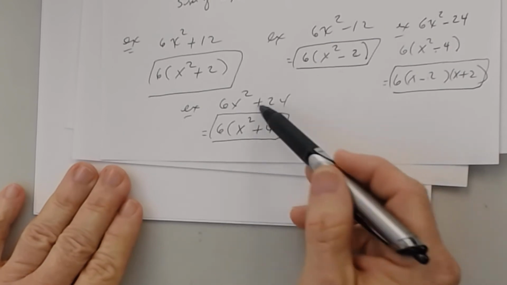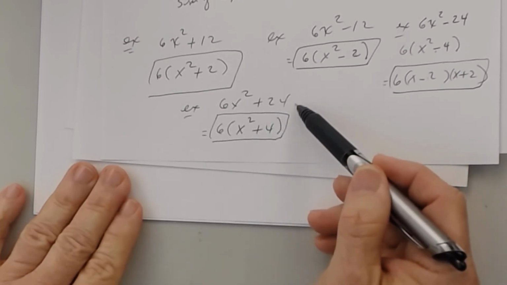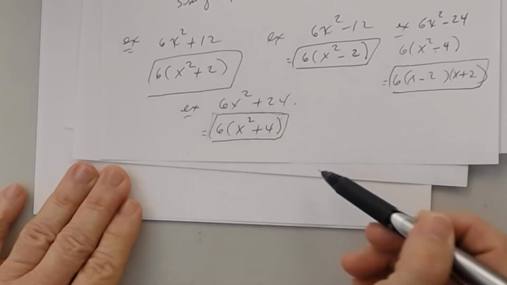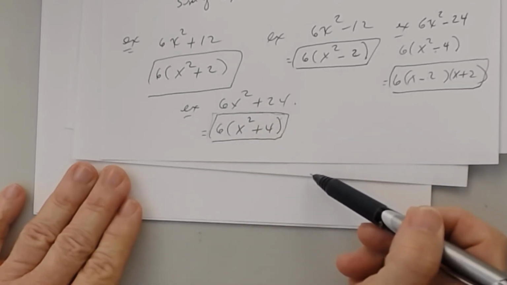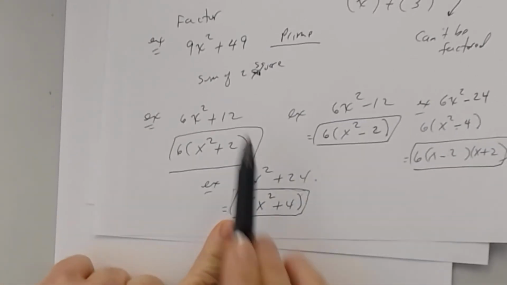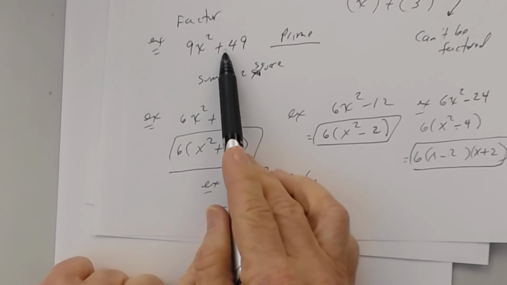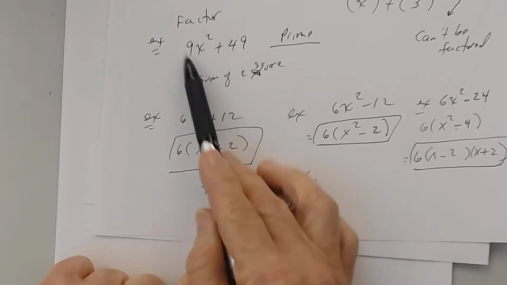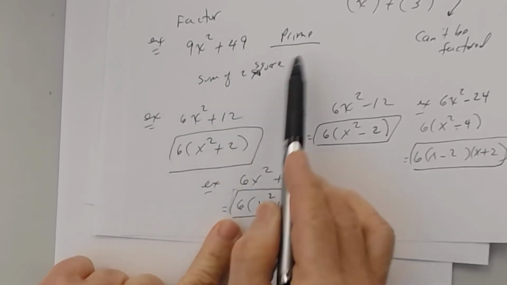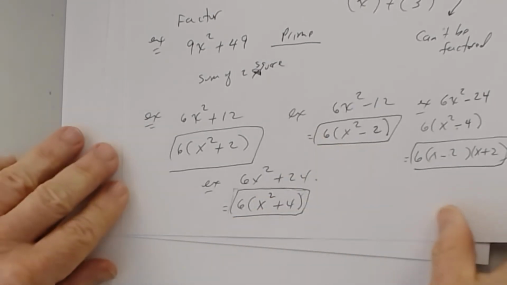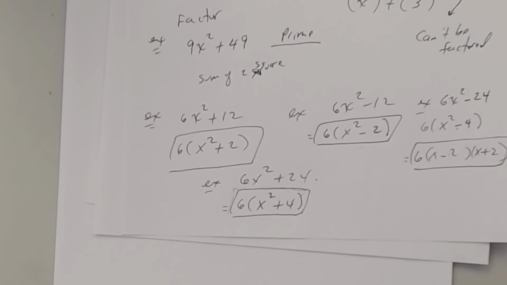GCF was 6, so this is not prime. It turns out that one of my factors is prime, but that's still my answer: 6 times x squared plus 4. Don't confuse that with this. Here the GCF was 1, so what I have left is the sum of two squares, and that is prime. Okay? All right, now, let's look at this.